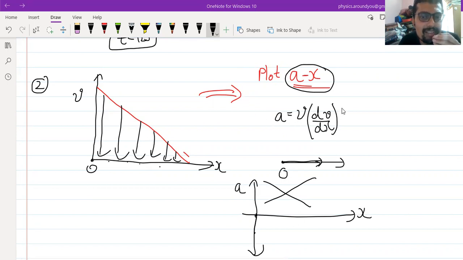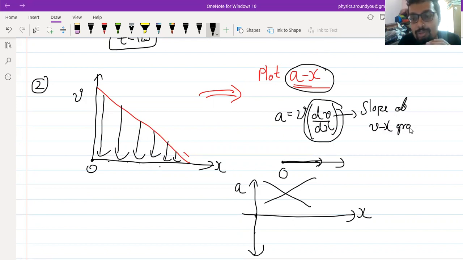Now, what is dV by dx? I argue that dV by dx is nothing but the slope of the V-x graph. How many of you agree? Let us see the pattern.